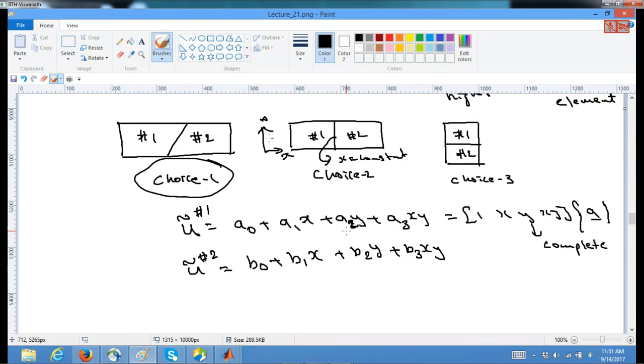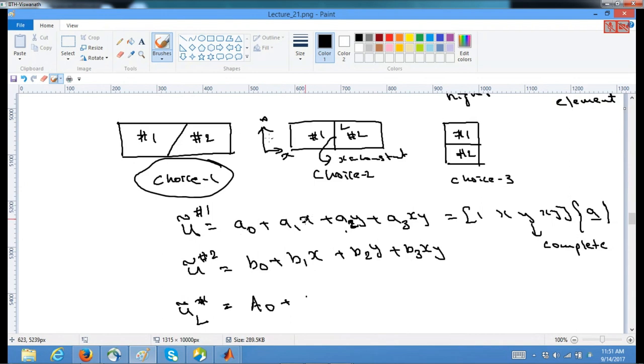Let's call the line L. So u tilde along the line L is equal to a naught plus, since x is equal to constant, I can write it with new coefficients, because this is a constant, this is a constant, and this is also a constant.